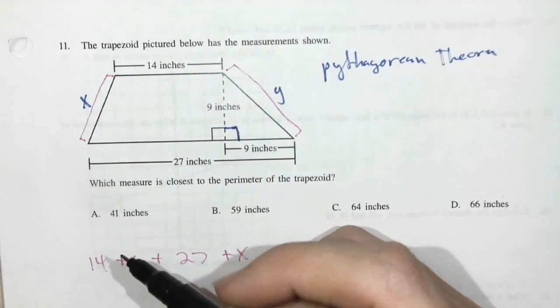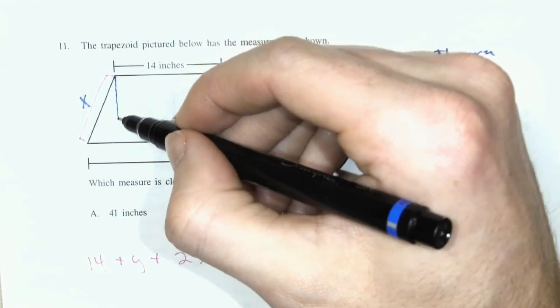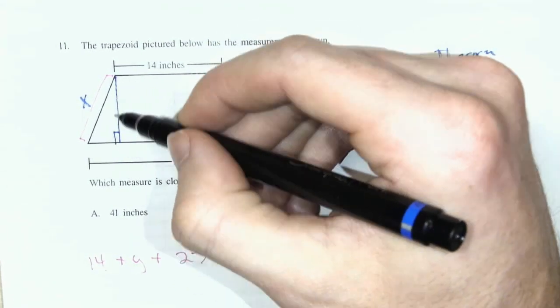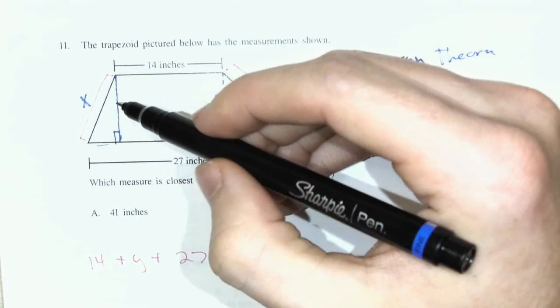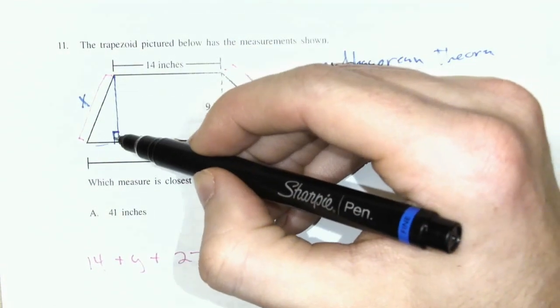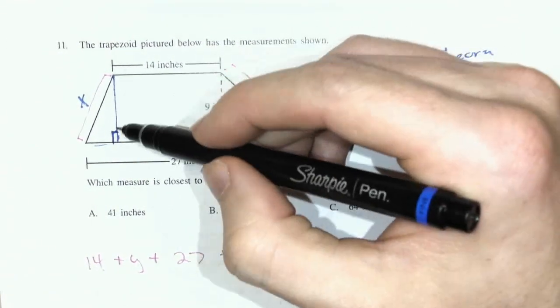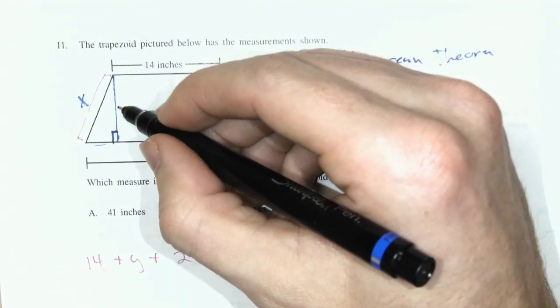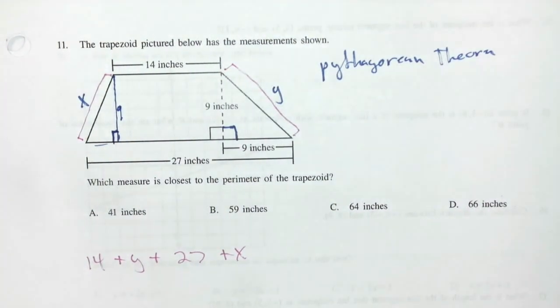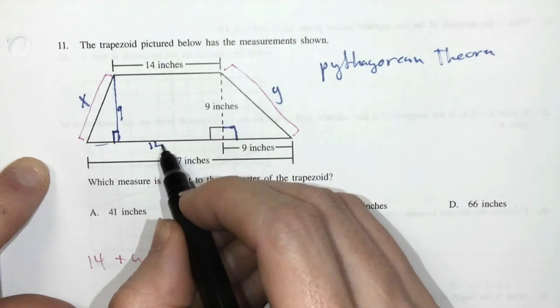Over here, what I need to do is find the length of this segment and this one. Well, this segment is this. If I draw a right angle here, then I made a rectangle, right? 1, 2, 3, 4 right angles. So this is 9. And this segment right here is 14.